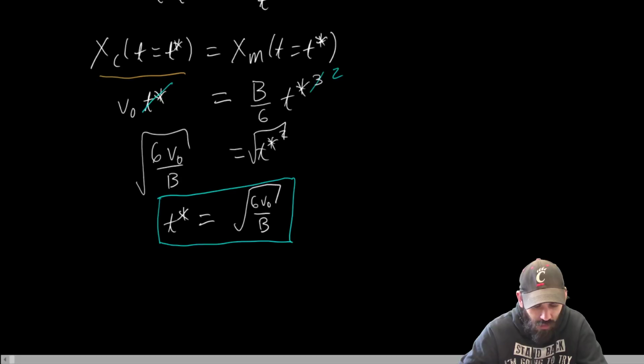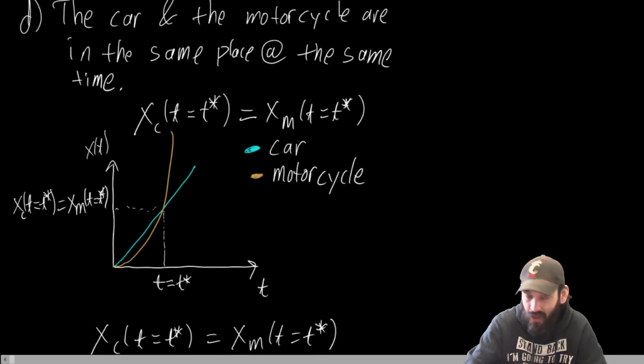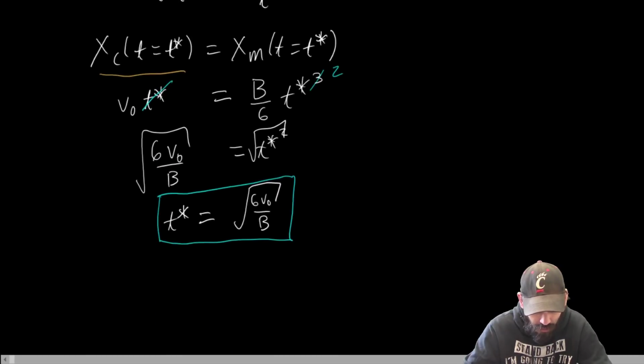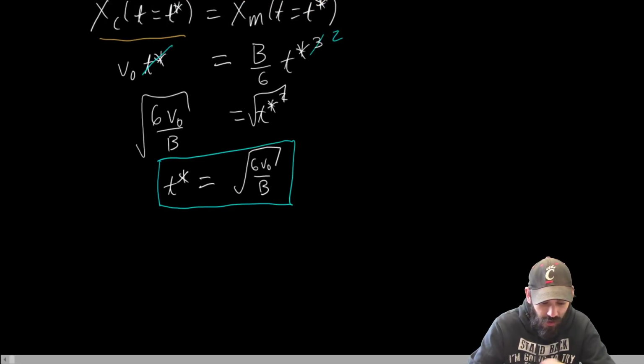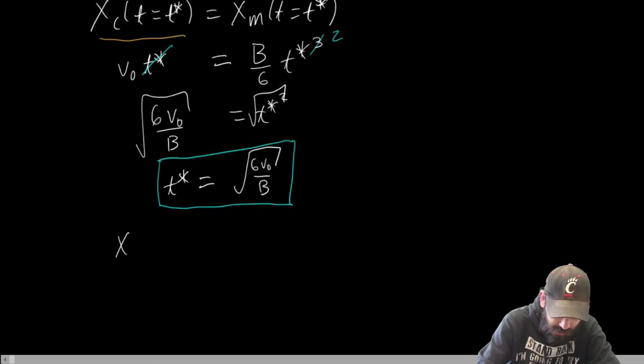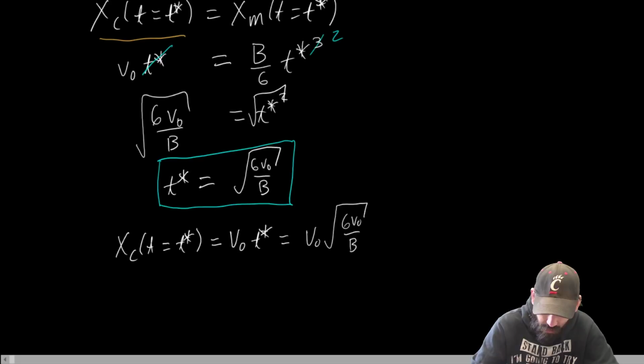What we wanted was how far the car has gone by the time the motorcycle catches it. And in order to do that, all we need to do is evaluate our function. x sub c at t equal to t star is going to be equal to v0 times t star, which is going to be equal to v0 times the square root of 6v0 over b.